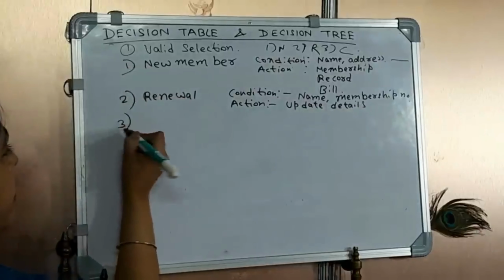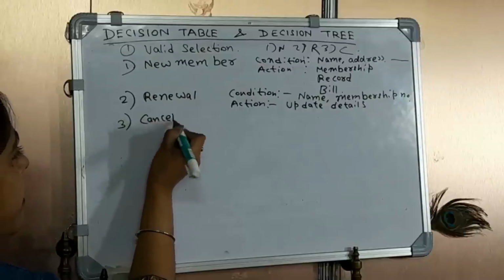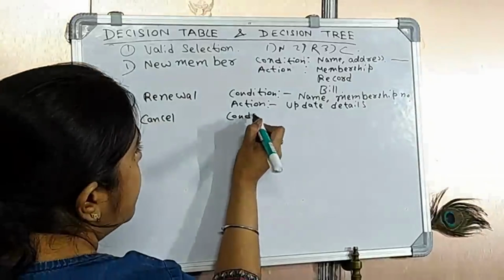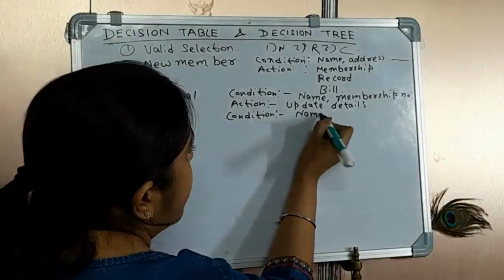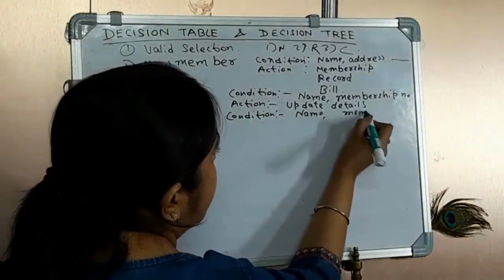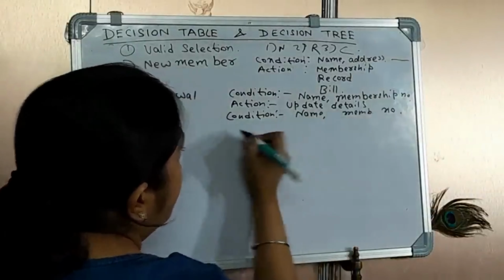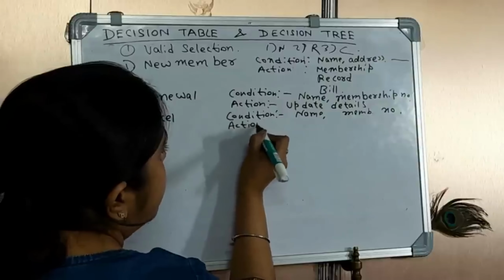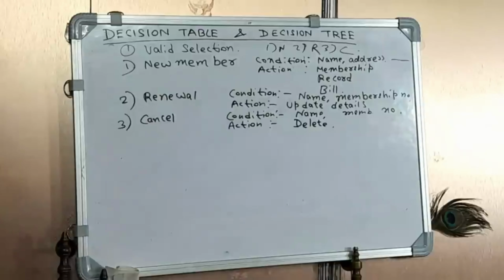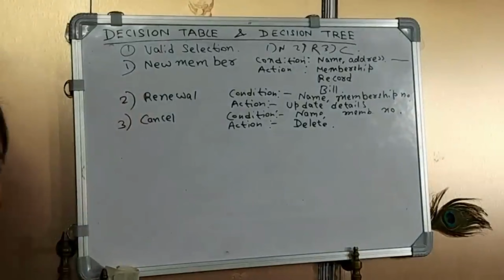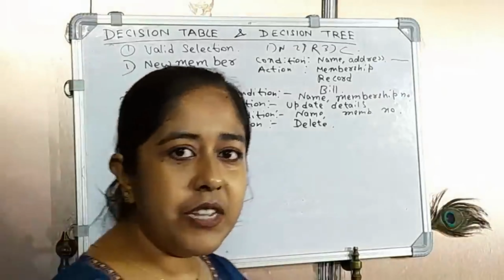And the third one will be cancellation. For cancellation, what will be the condition? Again the same thing, name and membership number. What will be the action? They will delete my name from the register. So this is what we have to perform in a tree manner.